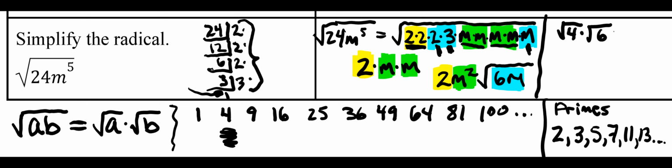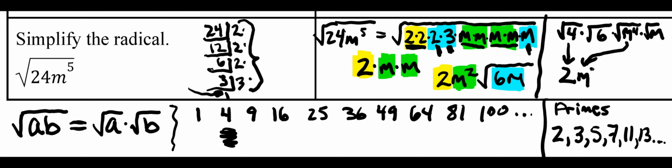And then with the m to the 5th, I've got the square root of m to the 4th times the square root of m. And the square root of 4 is 2. The square root of m to the 4th is m squared, because m squared times m squared is m to the 4th. And then the square root of 6 and the square root of m just stay under the radical as the square root of 6m.